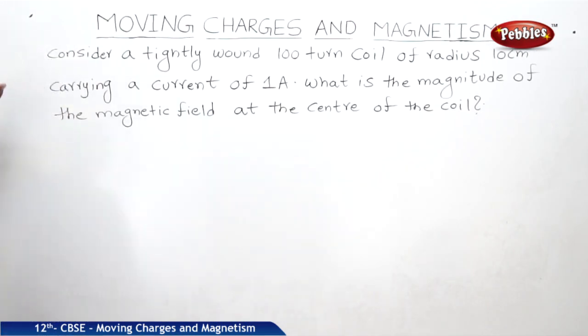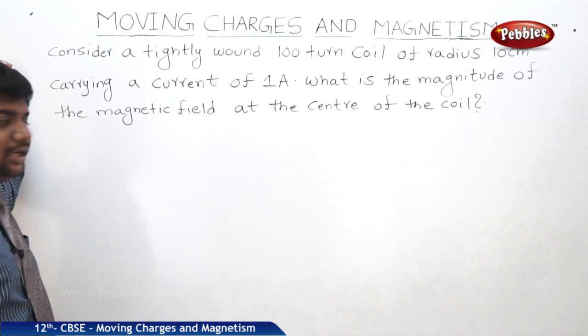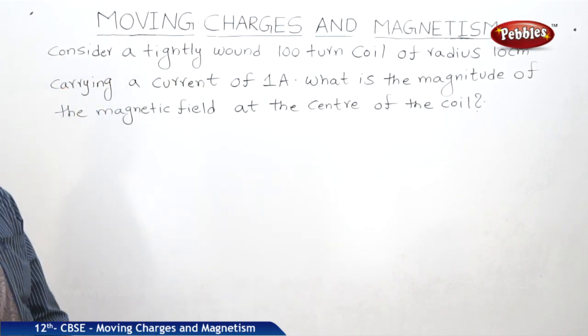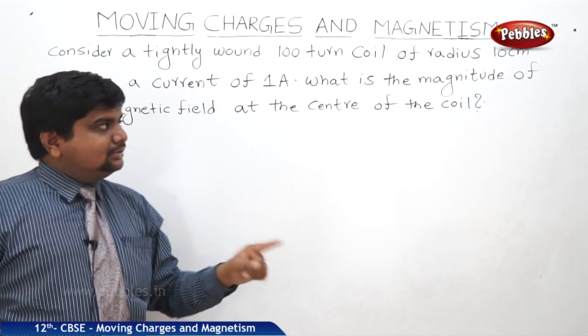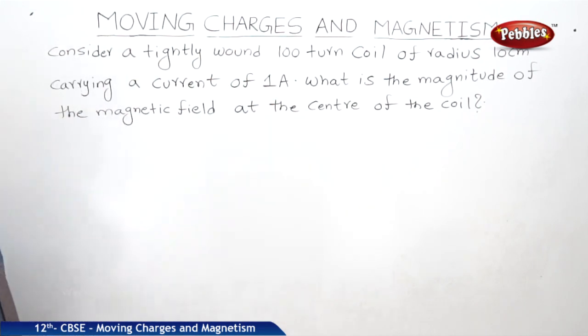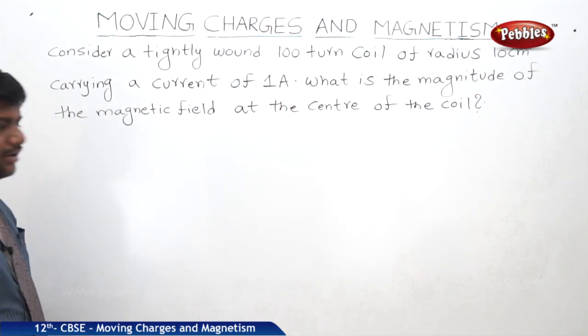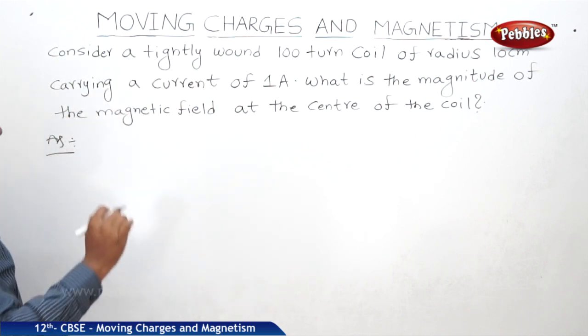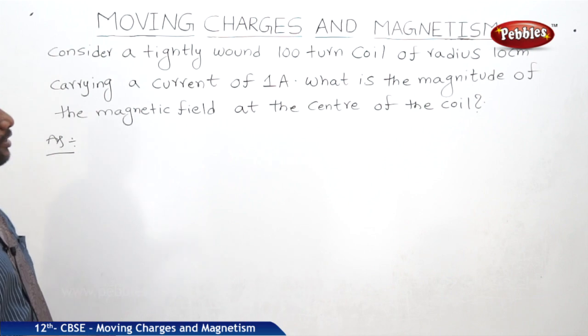So this is a problem based on the number of turns in the magnetic current loop. Consider a tightly wound 100 turn coil, meaning the number of turns is 100, of radius 10 centimeters, carrying a current of 1 ampere. What is the magnitude of the magnetic field at the center of the coil? Before solving this problem, we should write what numbers are present in the problem.